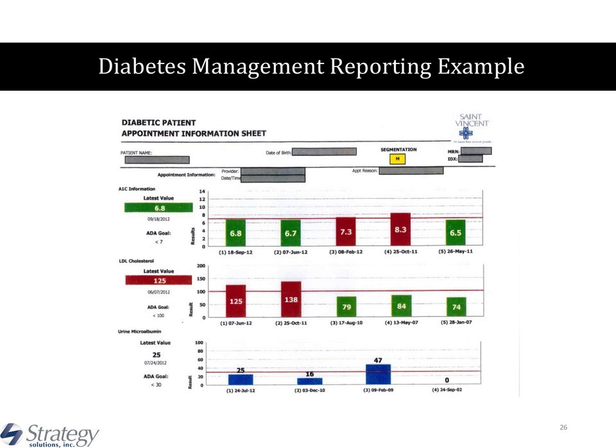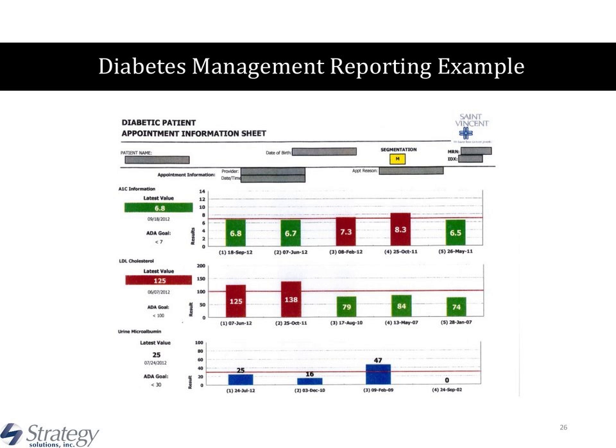But what they did was create a series of reports related to diabetes management, which are the outcomes and impact of both diabetes education programs and diabetes management. The next couple of slides show this was an appointment information sheet that would print out when a patient had an appointment.